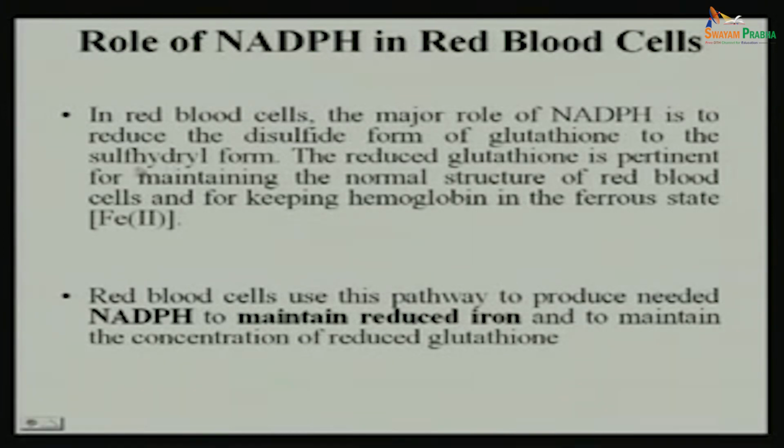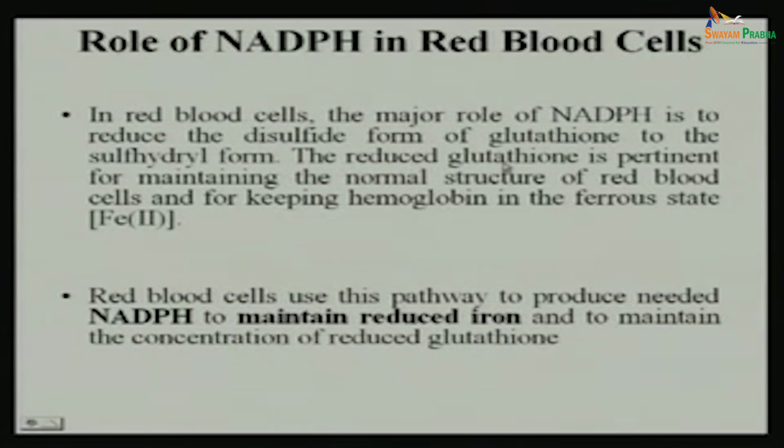Now if we see the role of NADPH in red blood cells. In red blood cells, the major role of NADPH is to reduce the disulfide form of glutathione to the sulfhydryl form.